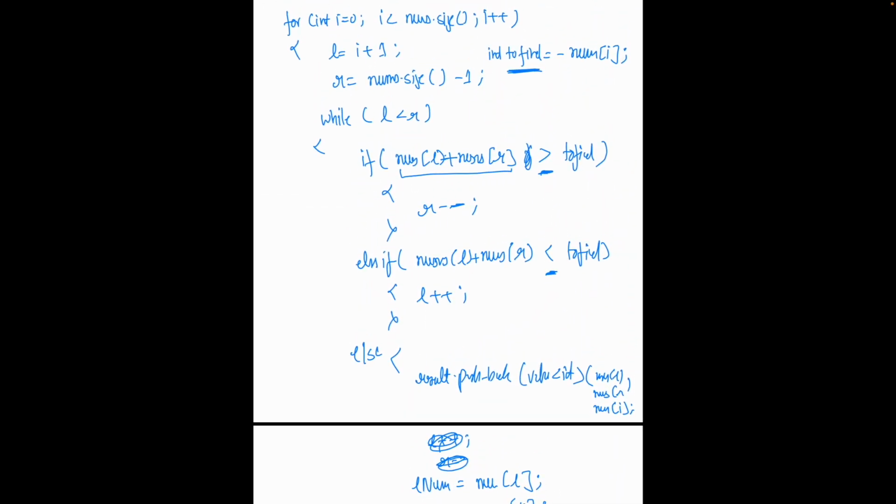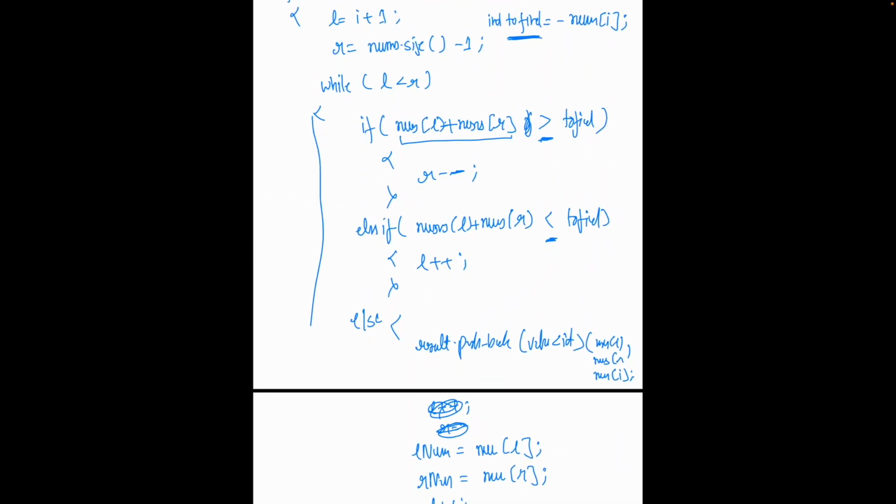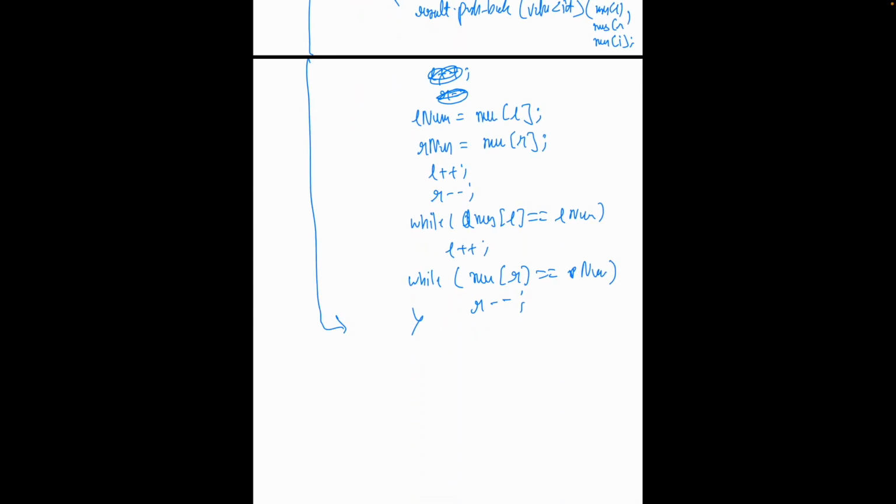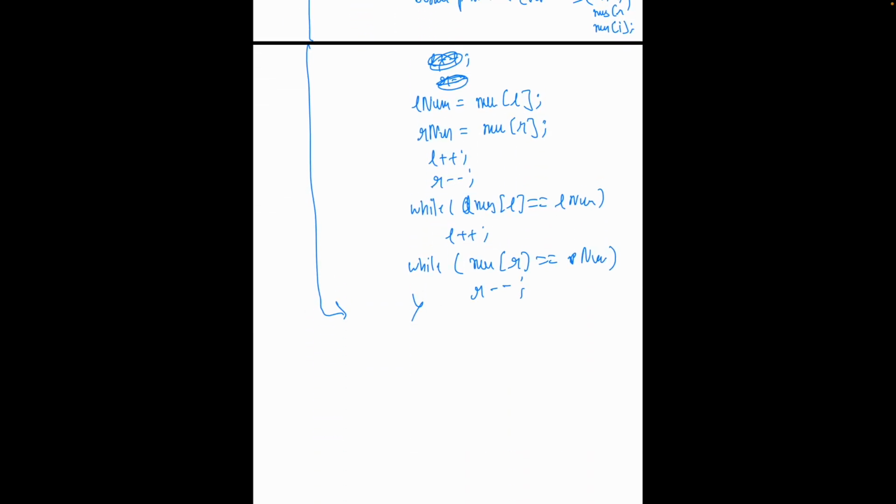And then one last thing we have to do is, after we are out of this while loop, let's say here, we'll run again int current equals nums I, and we'll do while nums I is equal to current, I plus plus.